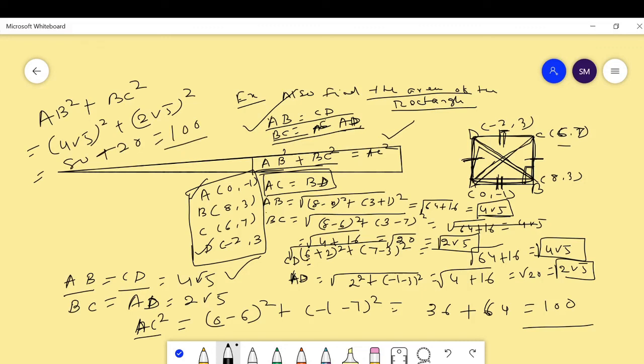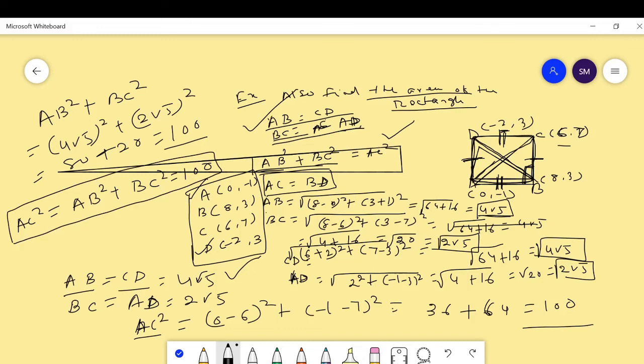Yes, we come to the conclusion that AC square is equal to AB square plus BC square is equal to 100. This means this is a right angle triangle. This angle is a right angle.